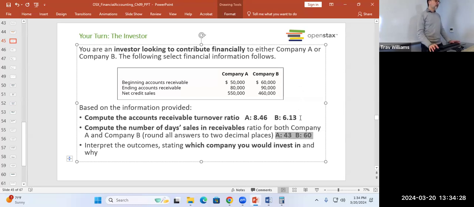So when we look at this, we see clearly company A has the better AR turnover ratio because it's higher, and they have the better number of days sales in receivables because it's lower. So as an investor, if everything else was equal between the two companies, just looking at this, we would go with company A because they're in a better financial position.